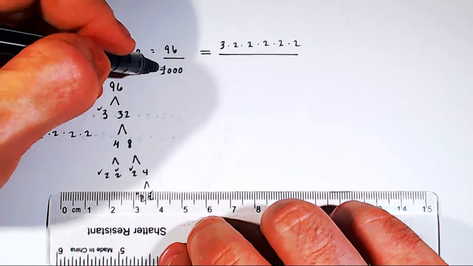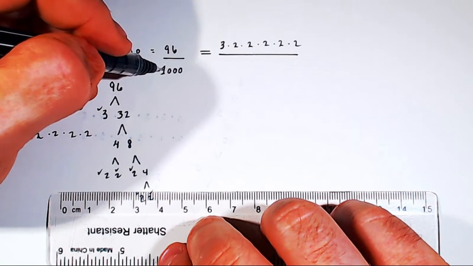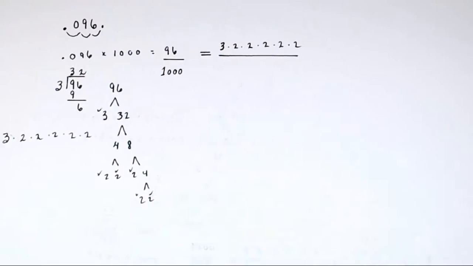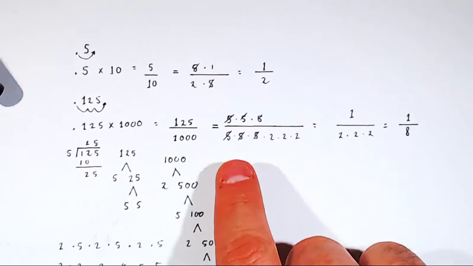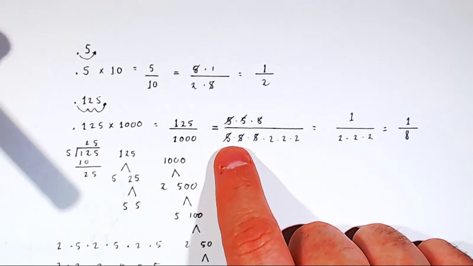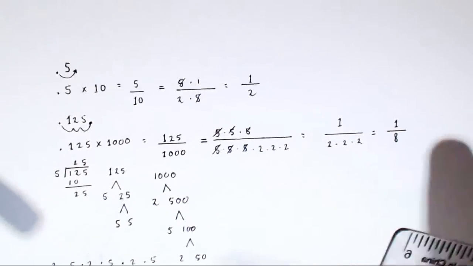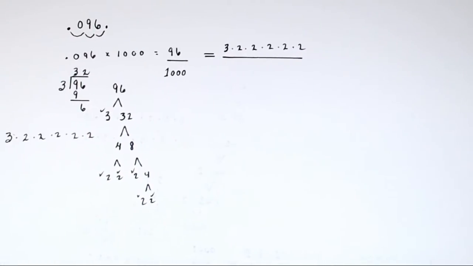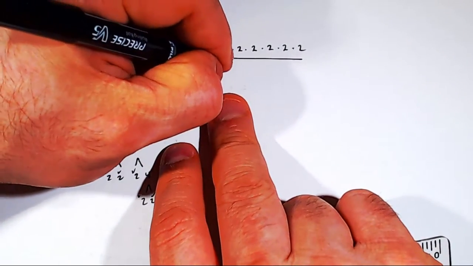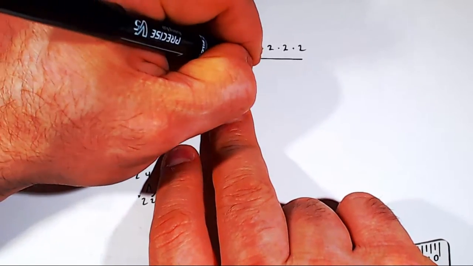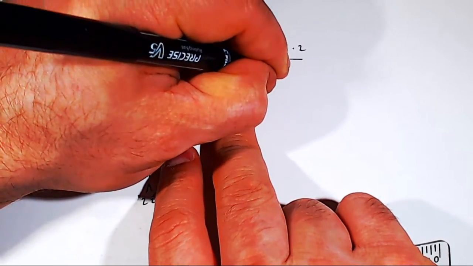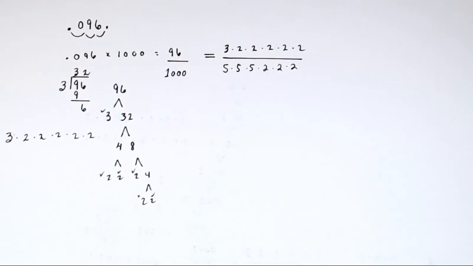Now we'll do the prime factorization of 1000, which we just did. It's going to be the same: 5, 5, 5, 2, 2, 2. So we could say 5 times 5 times 5 times 2 times 2 times 2.